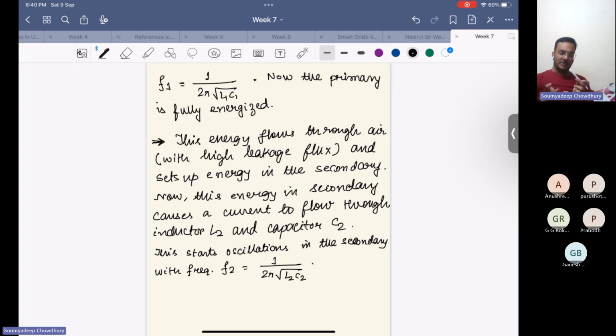Again, once it transfers to secondary, there will be a second flashover occurring in the load capacitor C2. And again, there will be a dip in energy of the secondary winding. And this energy transformation cycle will continue. And this generates very high frequency AC voltages of high magnitude.